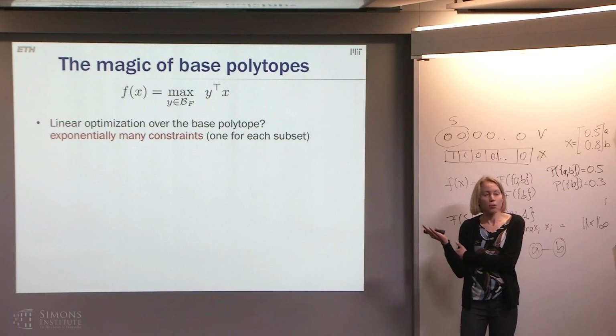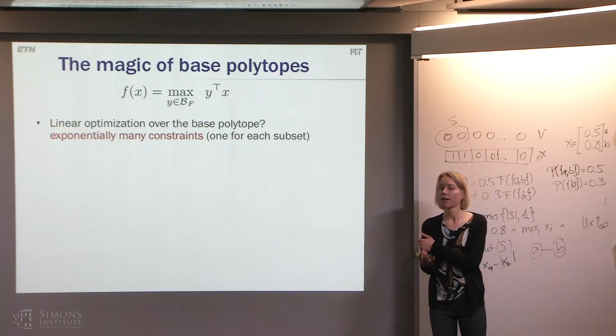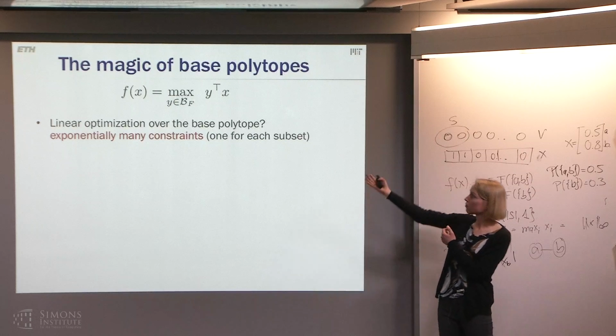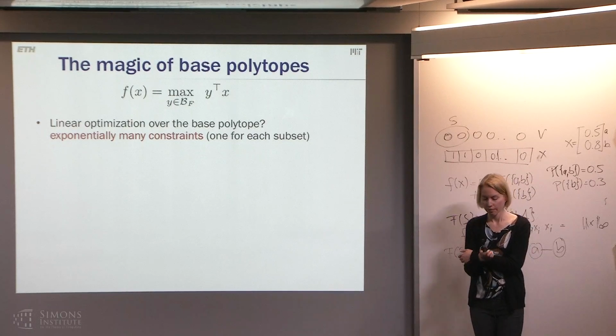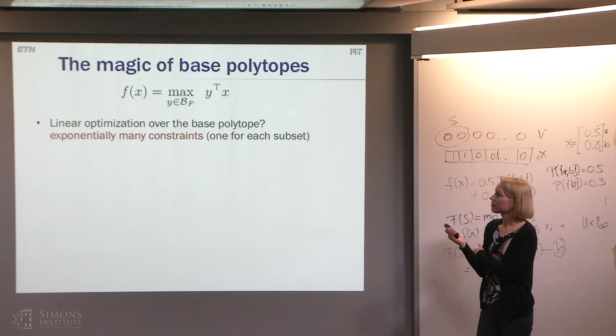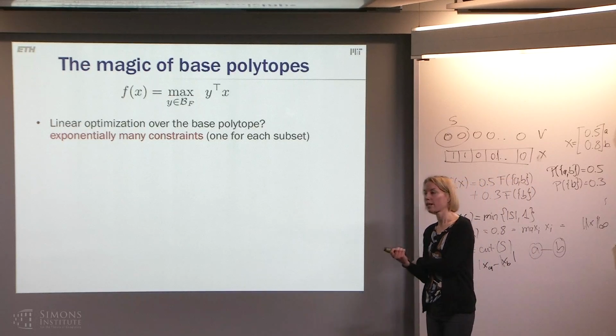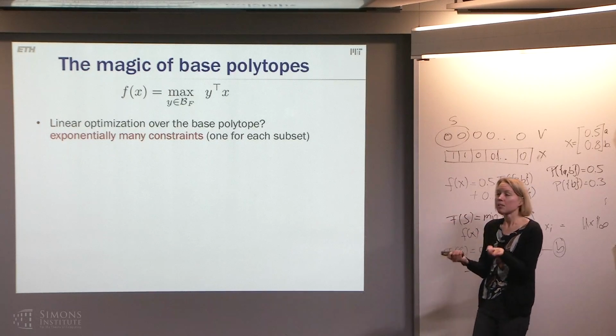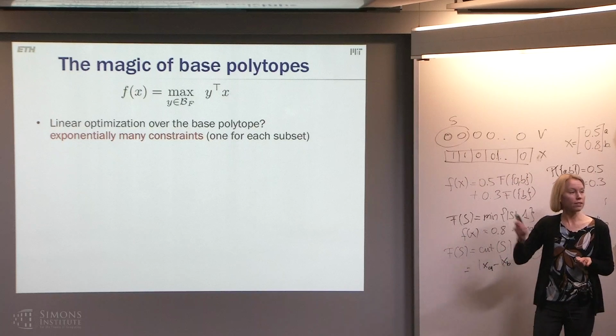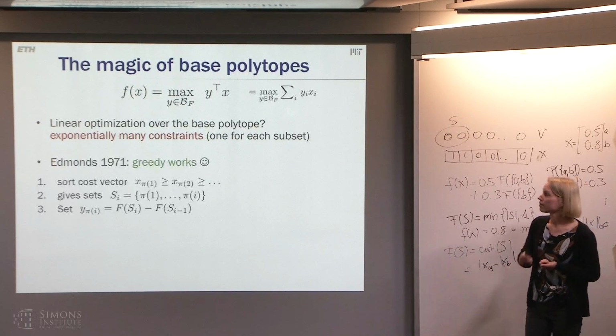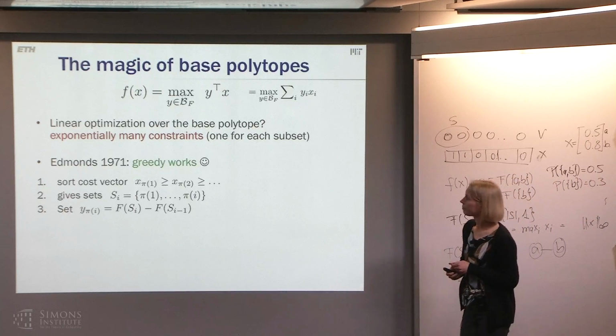Can we even compute this? Of course I already defined to you something that we can, but could we even solve this thing here? And it turns out that the structure of these polytopes is so nice that essentially the simplest possible algorithm works to do this linear optimization. And this is Edmonds' greedy algorithm.